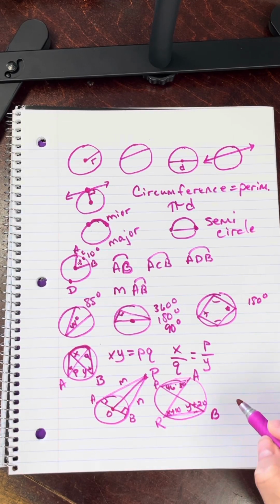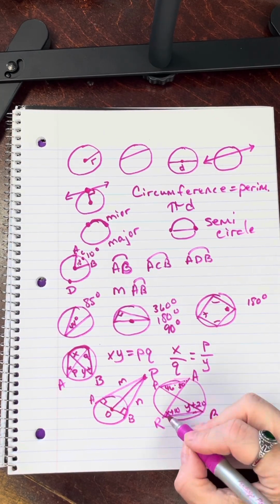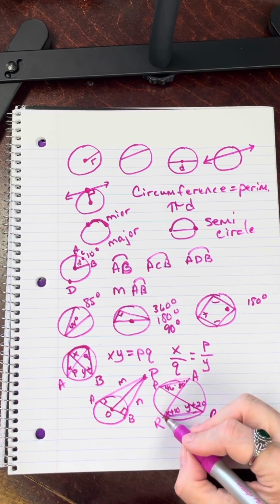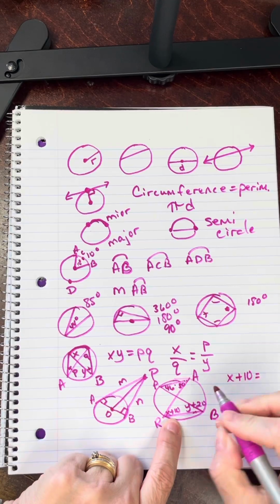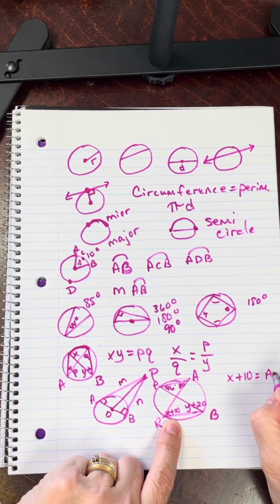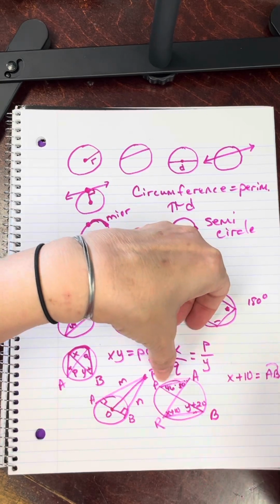So I'm first going to look for, are any of them central angles that would be the same? No, they're just two chords that are crossing. So I'm going to look for arcs that are cut and shared. This angle, which is labeled with the X plus 10, cuts this arc AB. This angle cuts the same arc AB.